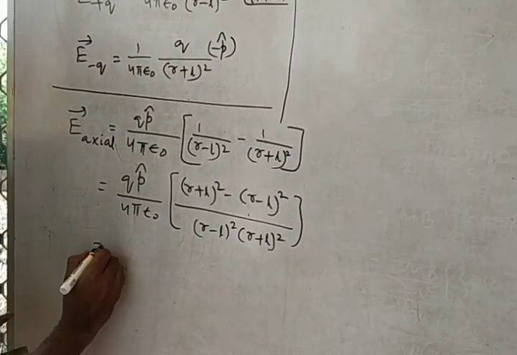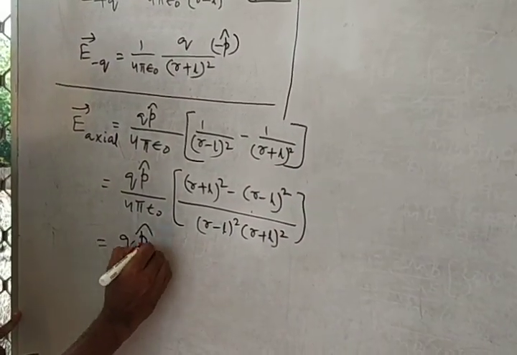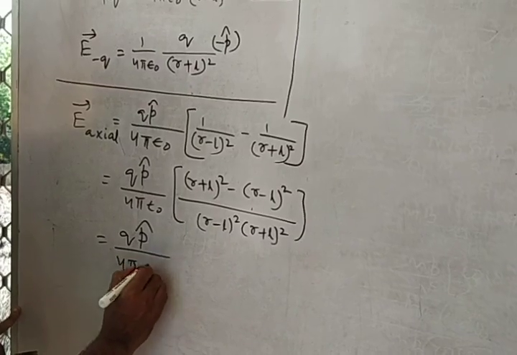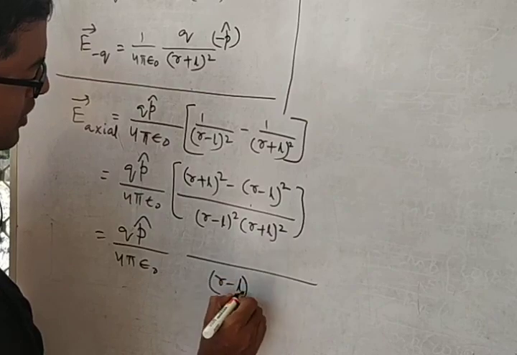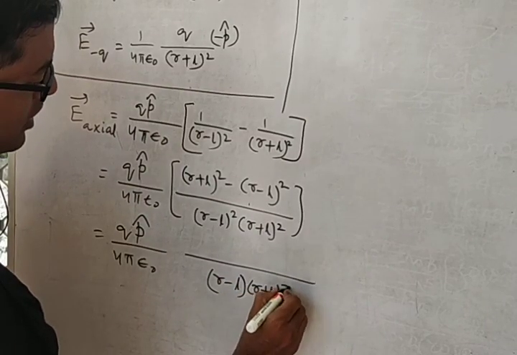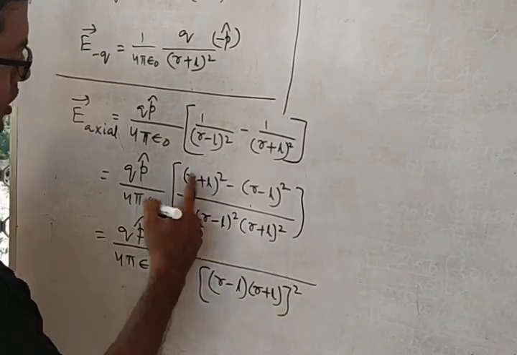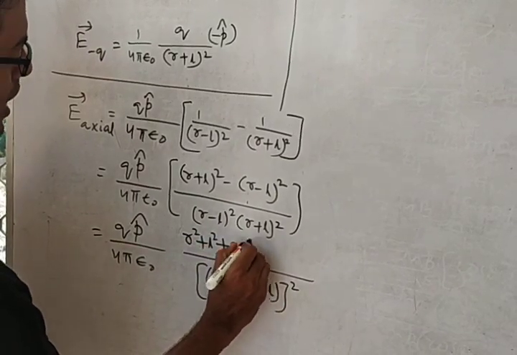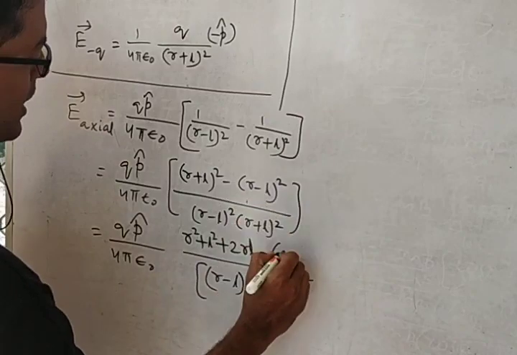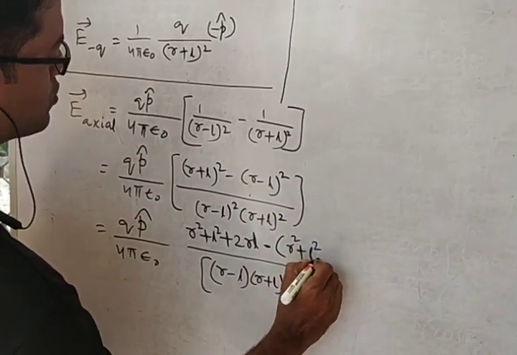So now it comes like this: Q P cap by 4 pi epsilon 0, and the denominator I can write as R minus L into R plus L, whole square. Now I am expanding it: R square plus L square plus 2RL, minus, within brackets, R square plus L square minus 2RL.